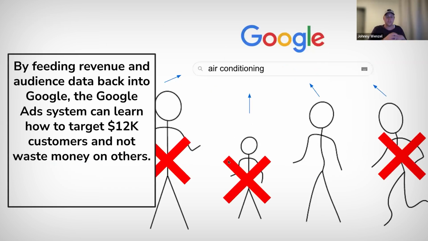So how does it do that? It's kind of complex, but Google is not just looking at keyword. When someone's searching air conditioning, that's not the only thing they care about. Google knows a lot about you. We can get into the creepiness of it.